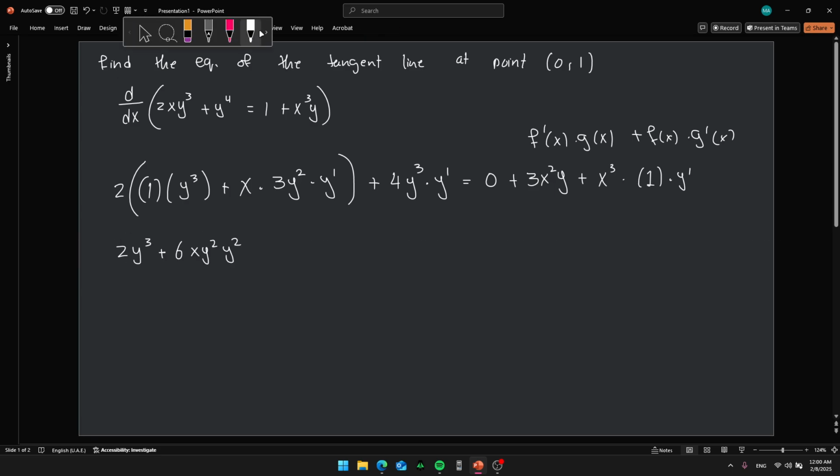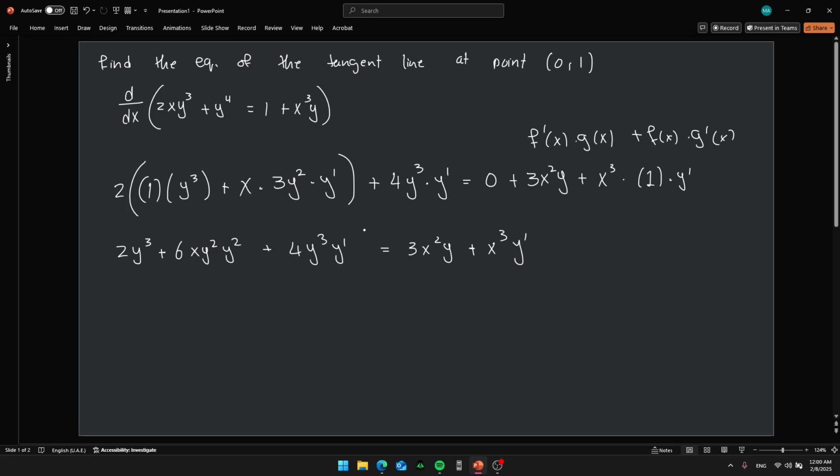Plus 4y cubed y prime equal 3x squared y plus x cubed y prime.